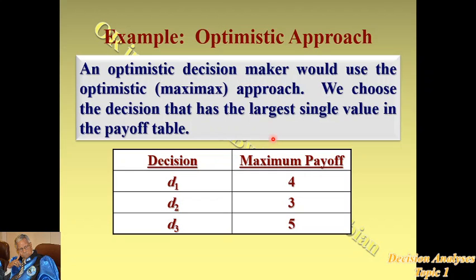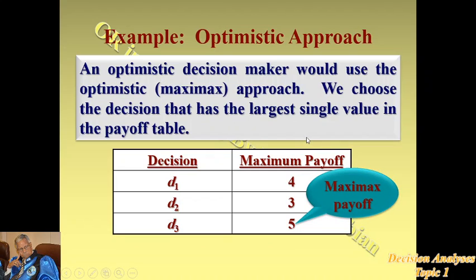But if the payoff is in terms of cost, he will select the minimum payoff and select the minimum of them. So he is min, min payoff.